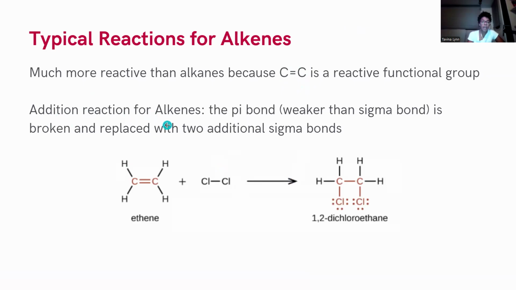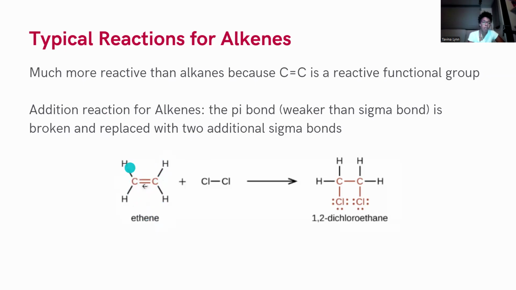The addition reaction is the type of reaction we see for alkenes, where we're adding something. We're breaking this double bond and adding a functional group to each of those carbons.